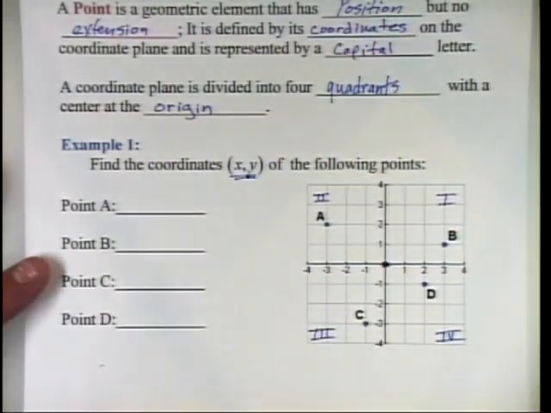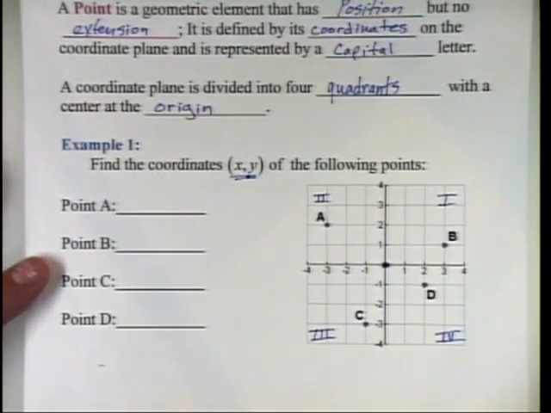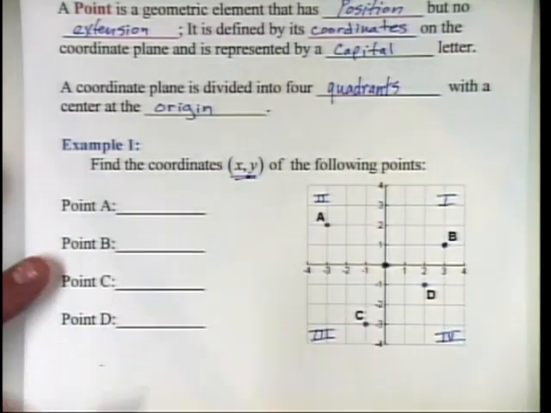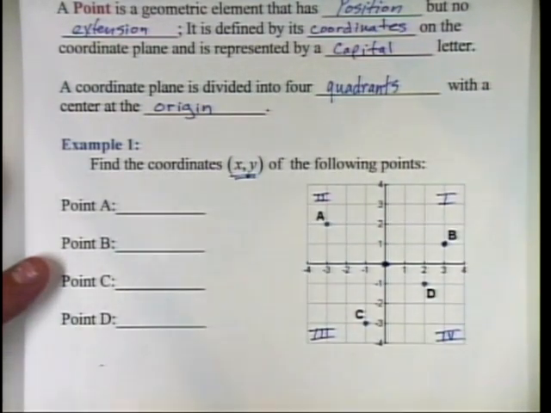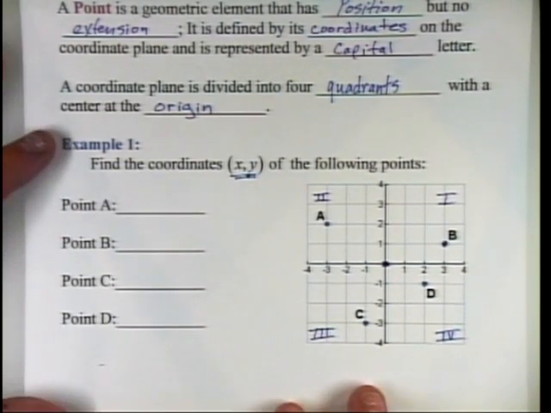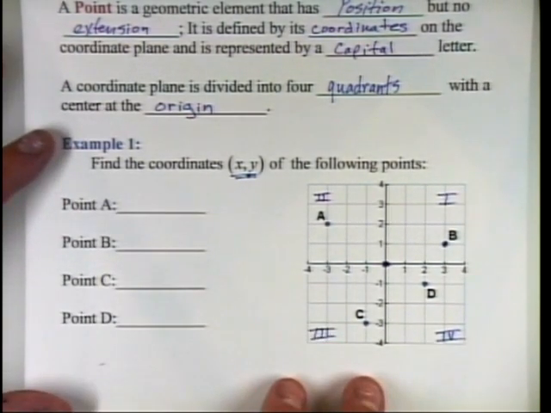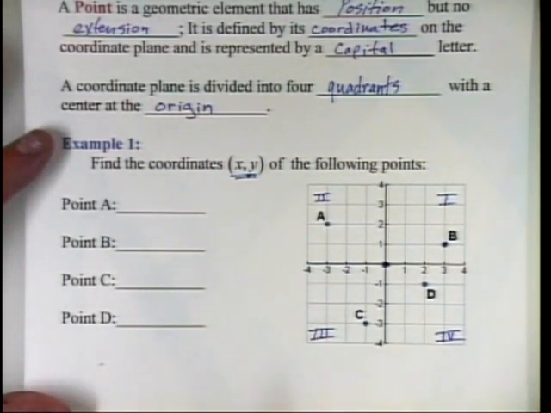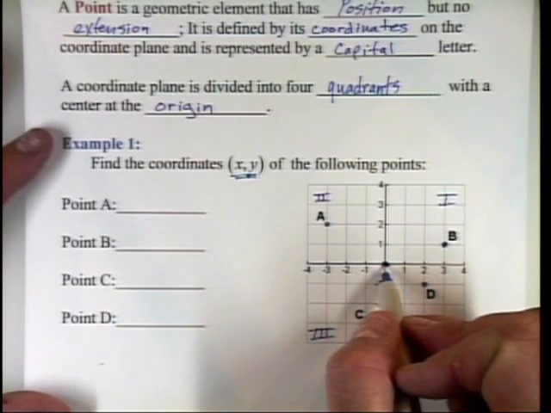So what I've done here is I've represented 4 different points, A, B, C, and D, in 4 different quadrants. Again, I've shown them large enough so that you could see where they are, but in actuality, they're infinitely small. Now we're going to see if we can describe where these points exist using the coordinate system. So point A over here appears to be in quadrant 2. We start with the origin, and we always go horizontally first.